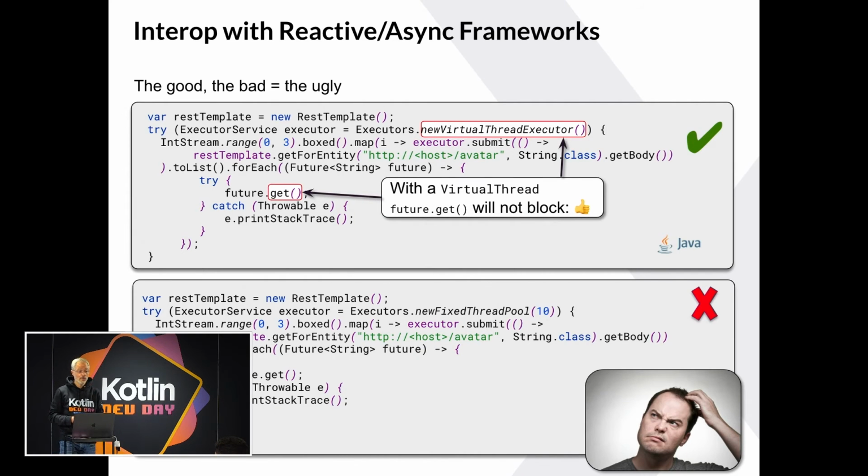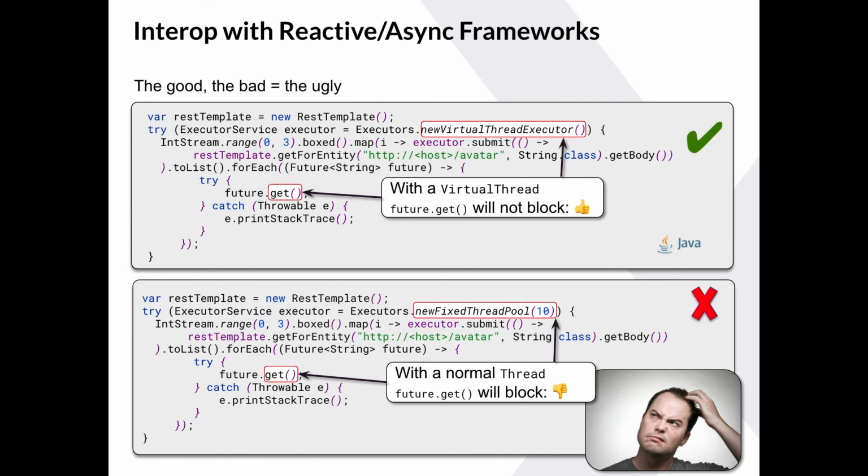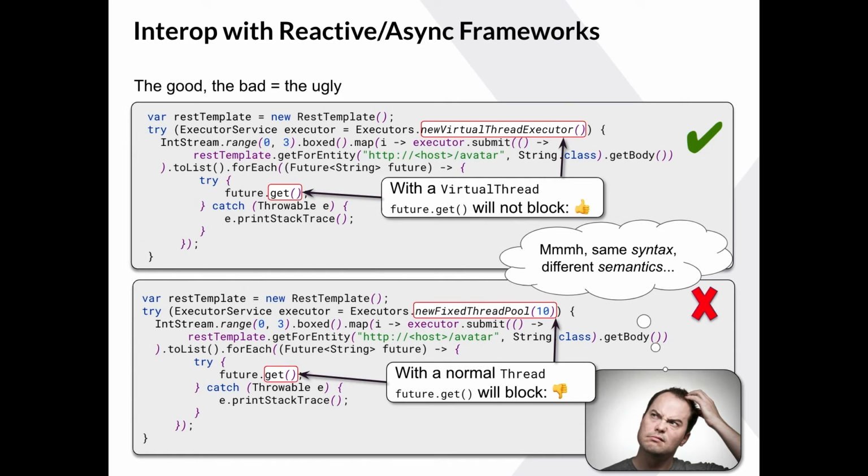In the first example, we use this virtual thread. In the second example, we use a normal thread, a new fixed thread pool, so an old-fashioned kernel-bound thread. And when we call .get in the second example, we block a thread again. How do we explain to someone who hasn't really worked with threads that this works this way? Good luck. So same syntax, different semantics.